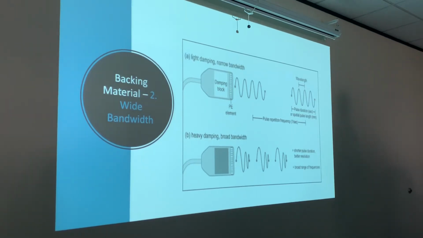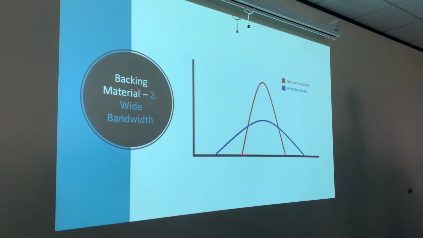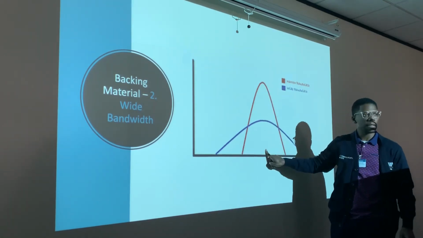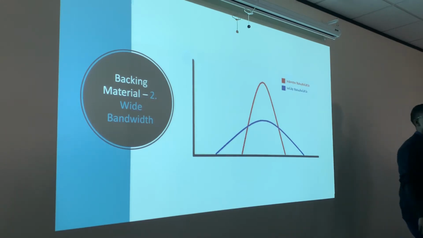It's always going to have a small offset because it's oscillating, going up and down, compressions, rarefactions, compressions, rarefactions. So even though it's narrow bandwidth, it's still going to be a range around that main frequency. The wide bandwidth is just going to operate at an even wider range of frequencies. Whatever this number is right here in the middle of this frequency, that would be the resonant frequency, because that's the main frequency.